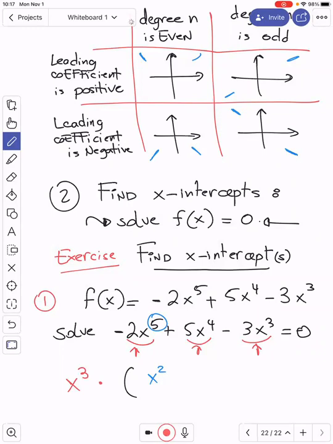And then there's minus 2, of course, don't forget the minus 2. So here's my minus 2. And then plus, there's this plus 5. This is x to the power 4. So if you pull out x cubed, you are left with x to the power 1. This is x power 1. Okay, minus 3 times x cubed, so it's just minus 3, equal to 0.